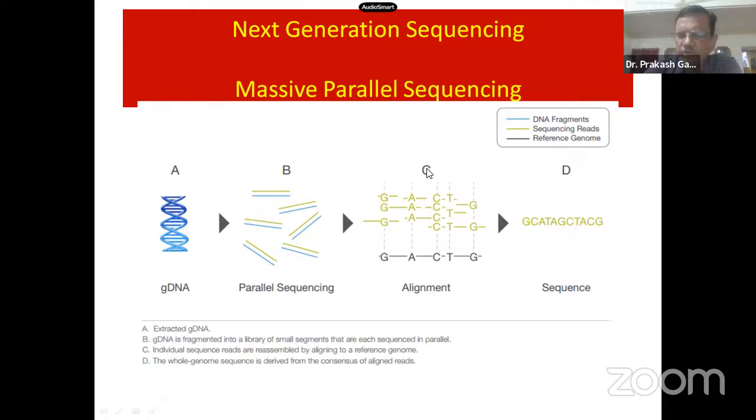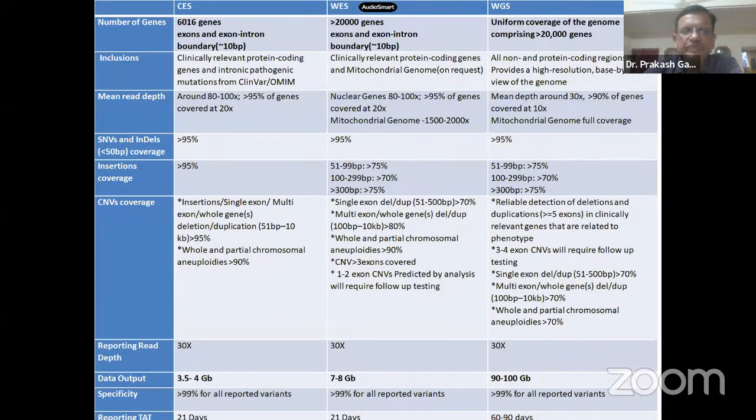There are different techniques, but we will not go into details. The important thing to remember here is that there are three different types, or three different groups, of next generation sequencing. One is known as clinical exome sequencing. In clinical exome sequencing, there are around, say, 6,000 genes, where important disorders which can cause rare diseases, known disorders, are taken up.